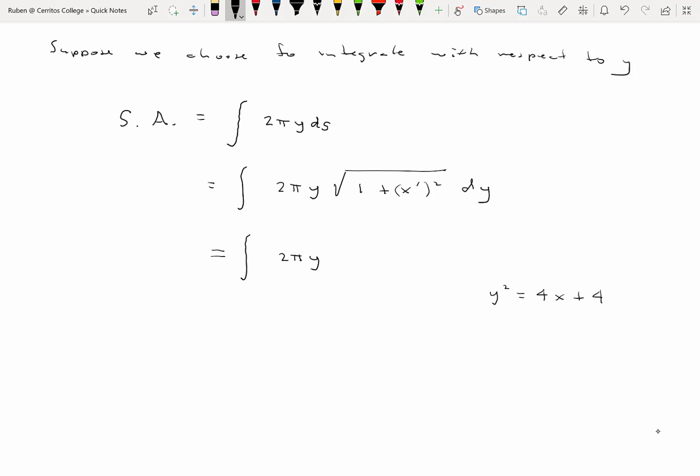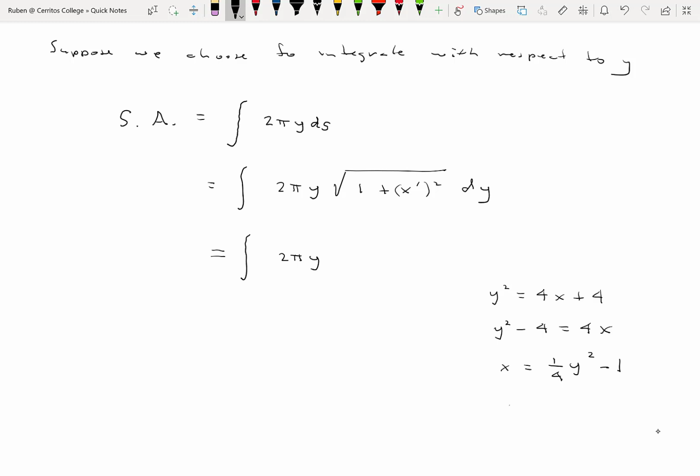I'm going to need to solve for x so that I can find dx dy, or x prime. So I'm going to subtract 4 from both sides, and then divide by 4. So x equals 1/4 y squared minus 1.